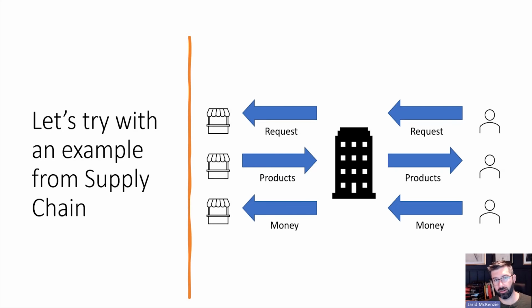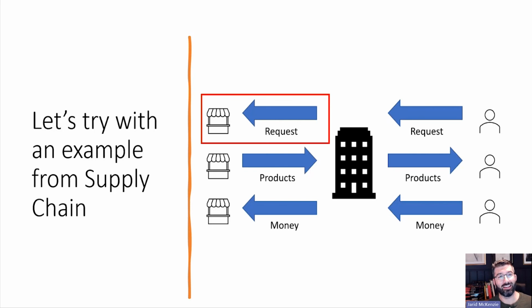Money's going from my customers to me, and then I need to pay my vendors for the products they sent me as well. So this is a pretty standard example when it comes to supply chain. And you can see that there's 6 different business processes that are taking place just within this very simple model.